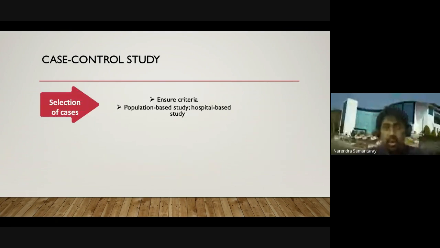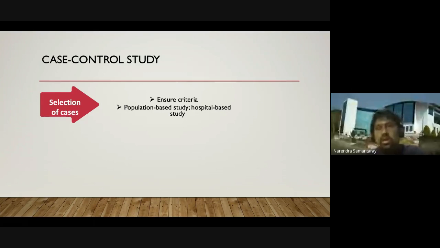Okay, as with the cohort study, similarly we have to decide how we'll select and determine certain cases, and obviously we'll follow criteria. For example, if I want to see academic achievement, I want to take those people who have high academic achievement. What is the exact criterion of academic achievement? I have to be very objectively clear there.